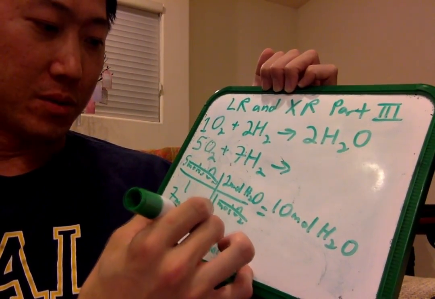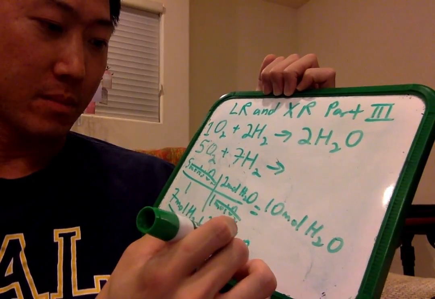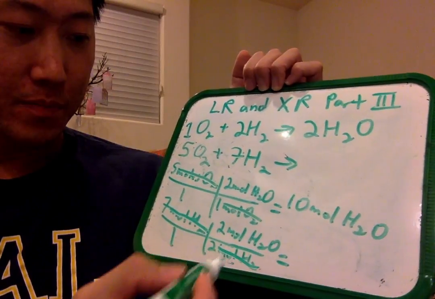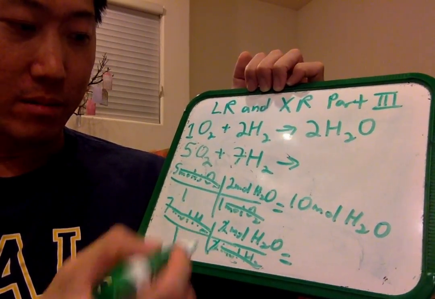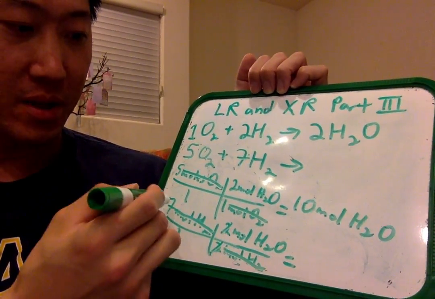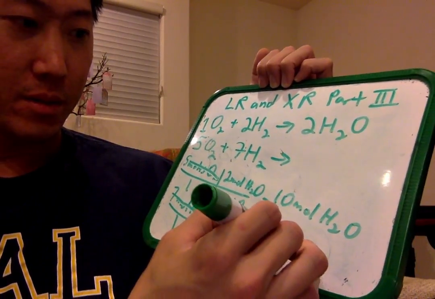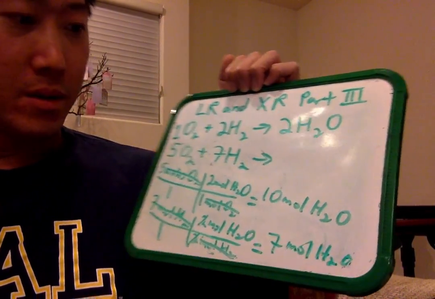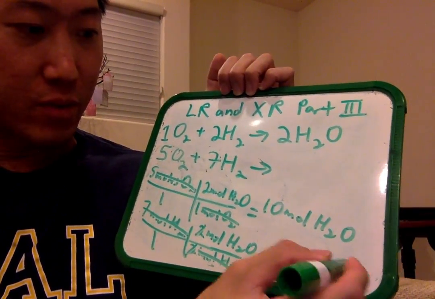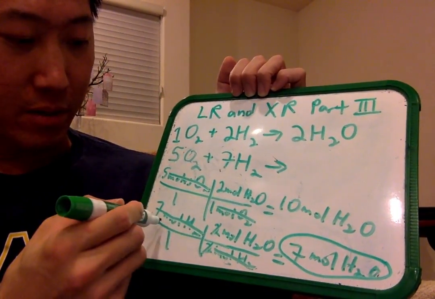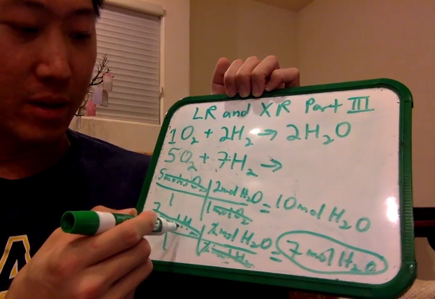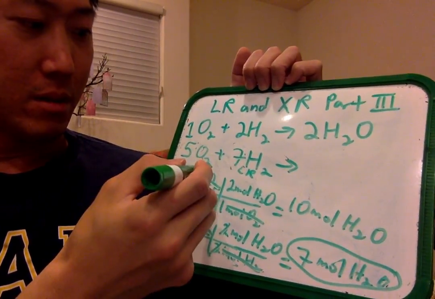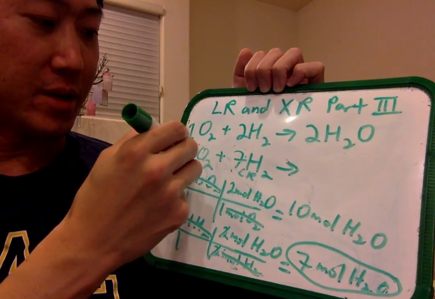So we put 2 moles of water there. So again, the moles of hydrogen cancel out. These two 2's cancel out. We're left with moles of water, so 7 times 1 divided by 1 is going to be 7 moles of water. So since this is the smaller number, we know this one here, the 7 moles of hydrogen, is going to be our limiting reagent. That's our limiting reagent there. And this would be our excess reagent as a result.